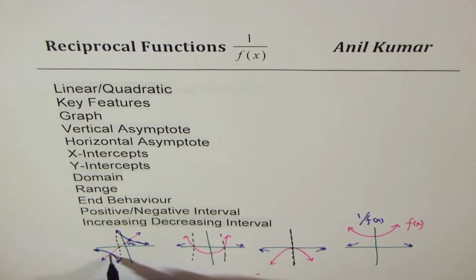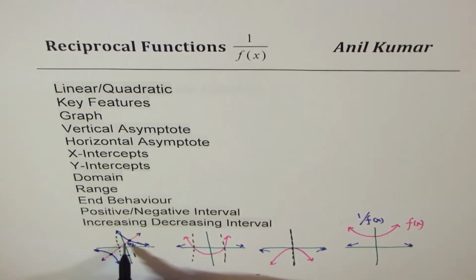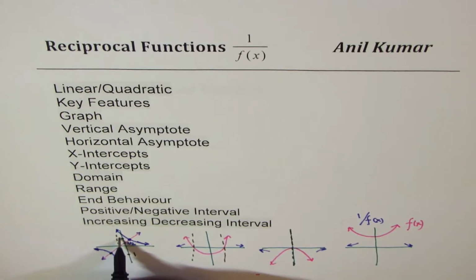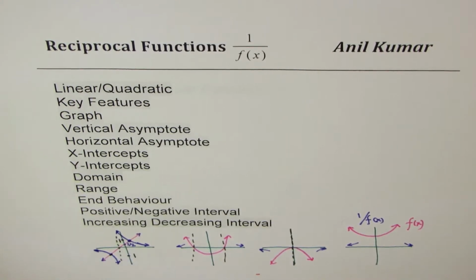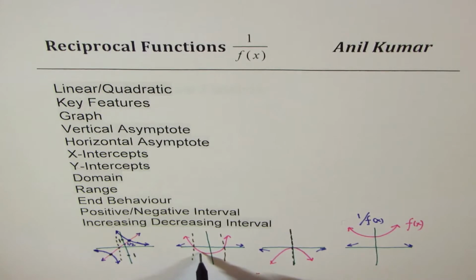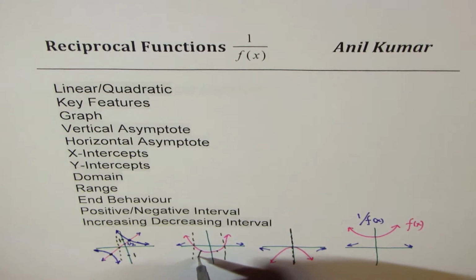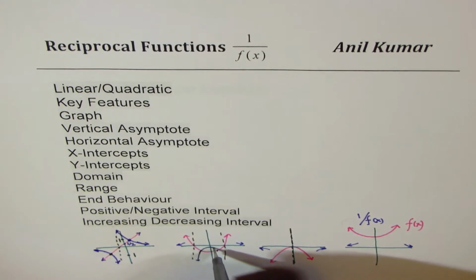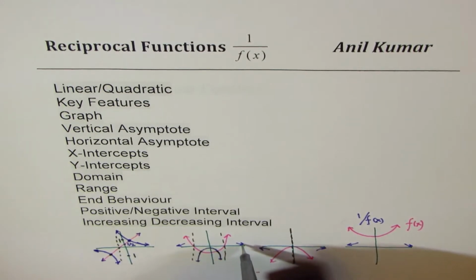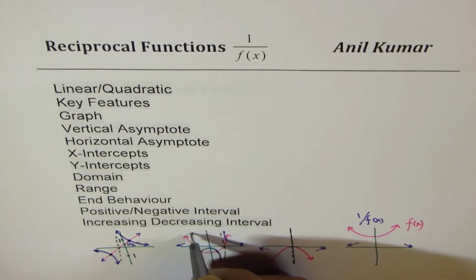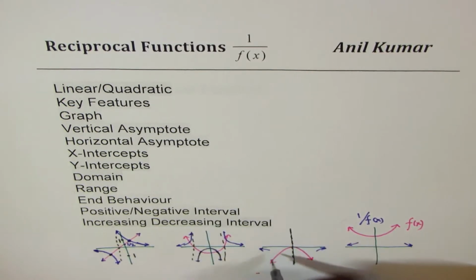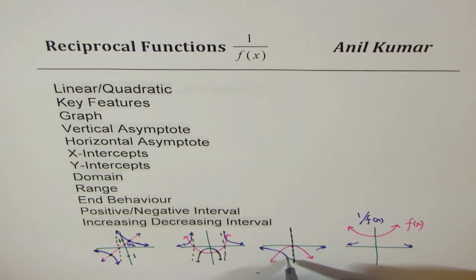The point where the function and its reciprocal intersect will be either -1 y value or +1, correct? That is important. So in this graph, if this is -1, then the reciprocal will actually intersect this point and the graph will be kind of like this. So now I'm drawing the graph of the reciprocal functions, right?